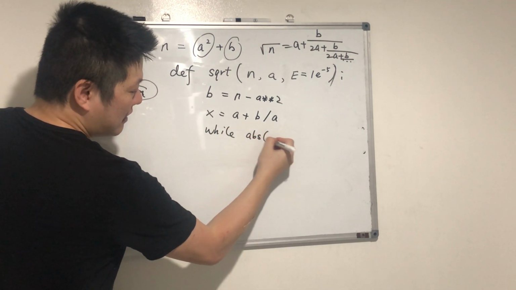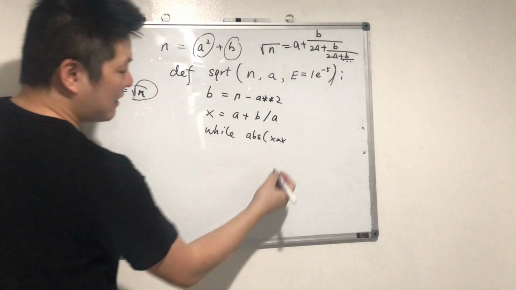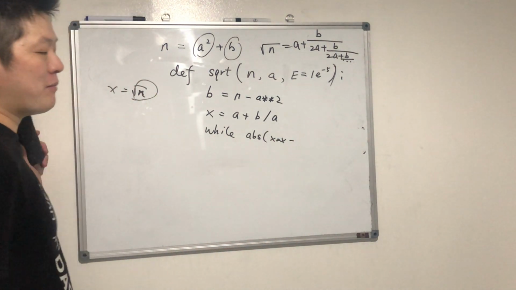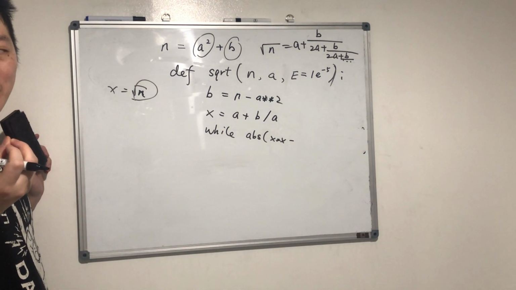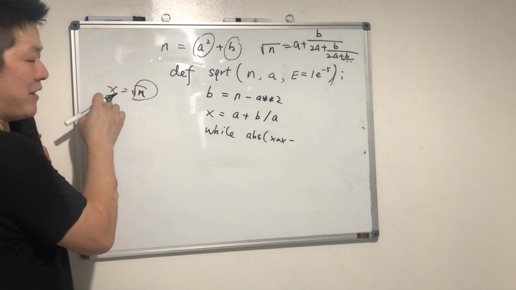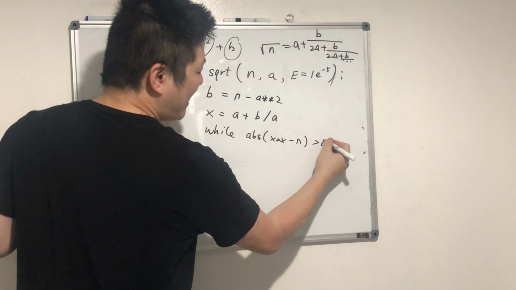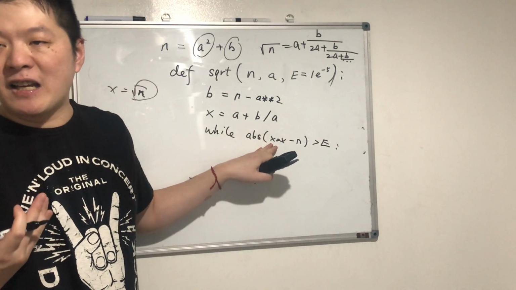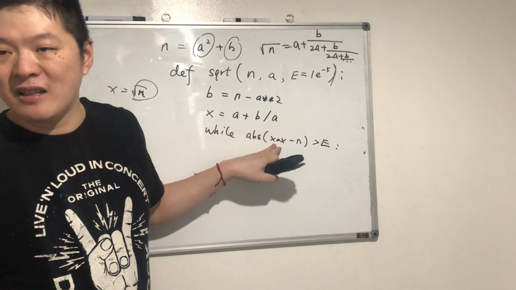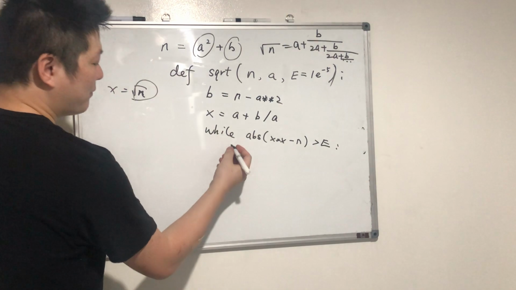So look, ABS of x times x minus n. We want to find the distance between the target value and n. If it's bigger than e, if the target is not close enough, then what should we do?